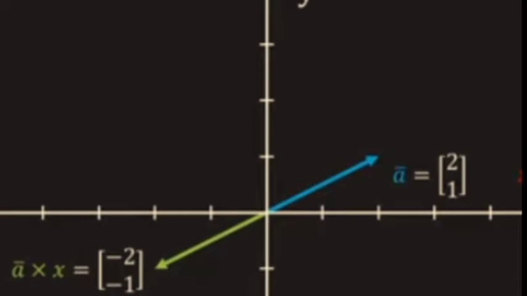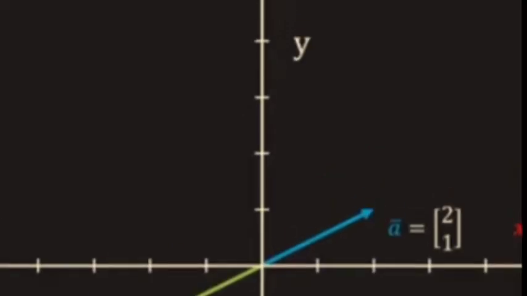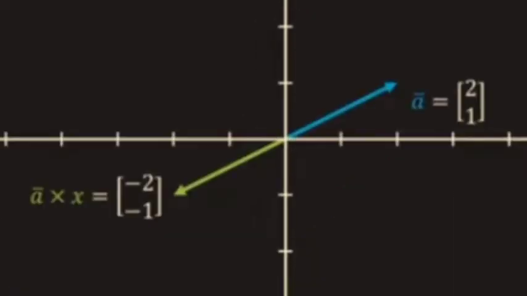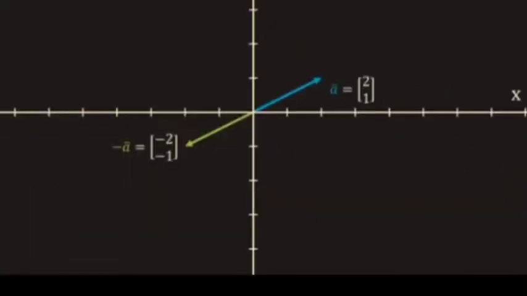How about if we are going to multiply it by a negative? So let's say we have vector A equal to 2, 1, multiplied by scalar x, which is equal to -1, then that is -2, -1. So we can see that the vector moves to its opposite direction. So that is scalar operations.